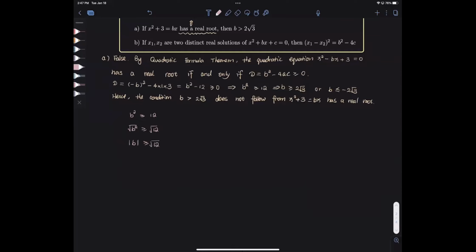Okay, and for absolute value, you know that it has a positive value and a negative value. So this can give you b is either greater than this, or b is less than negative of this. So this is basically telling you, oh, the distance from b to 0 is greater than square root of 12.